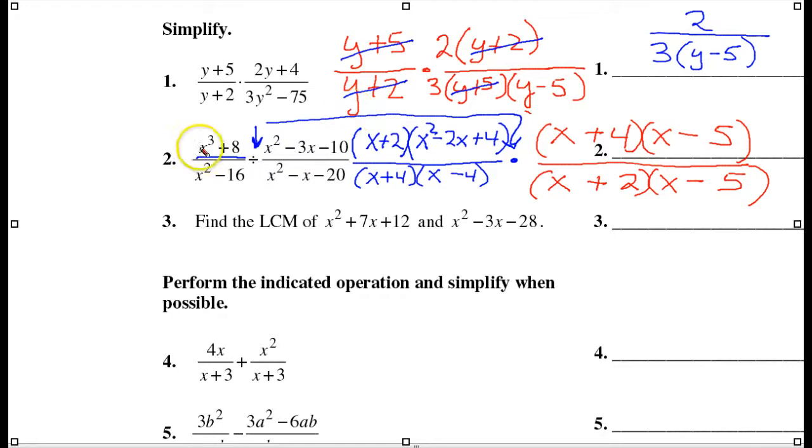Now, as we look at the sum of perfect cubes, this is from section 5.7 in a previous lesson. We take the cube root of that and the cube root of that. That gives us this factor. And the sign that's there is there. Then the middle sign over here is the opposite of this sign.